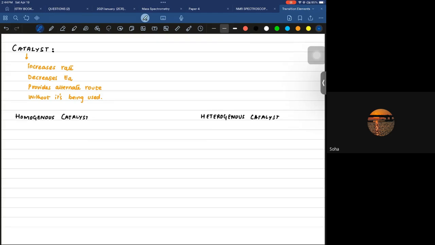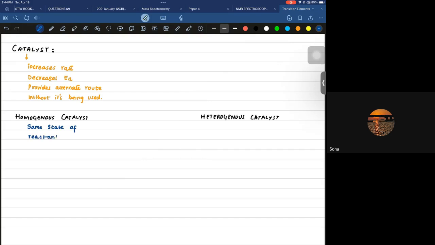Homogeneous catalyst means that there is the same phase, the same state, of reactants and catalyst.